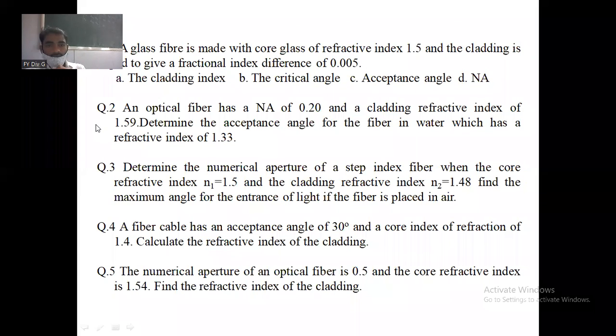An optical fiber has numerical aperture of 0.20 and a cladding refractive index of 1.59. Determine the acceptance angle for the fiber in water which has a refractive index of 1.55.